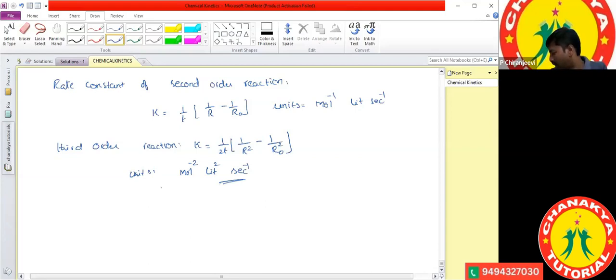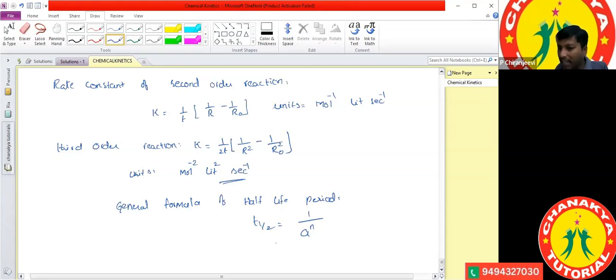Another formula, half-life period. What is the general formula of the half-life period? t half is equal to 1 by a to the power of n minus 1.